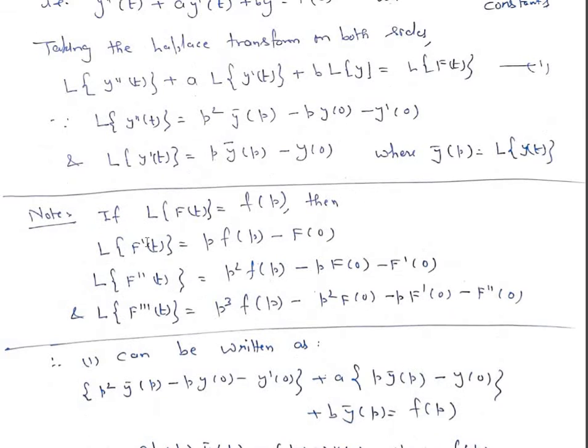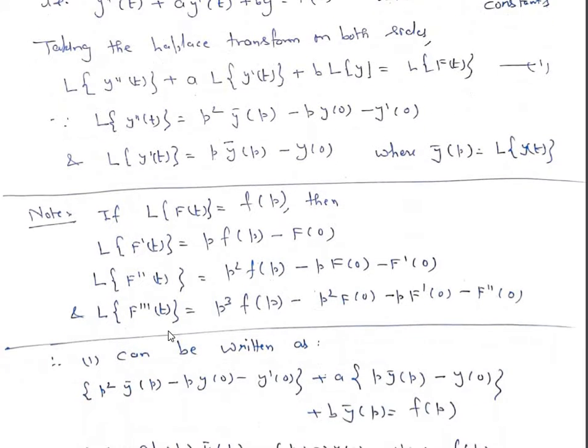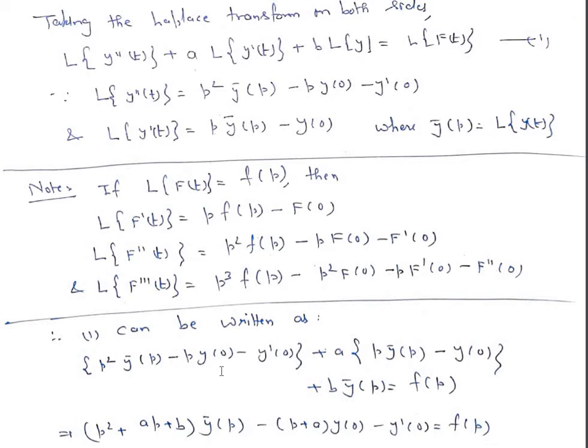So therefore we make these substitutions, L of y'' and L of y', in this equation. So in place of L of y'' we have p² ȳ minus p into y(0) minus y'(0), plus a into L of y', which is pȳ minus y(0), plus b into L of y, which means b into ȳ, is equal to F(p).